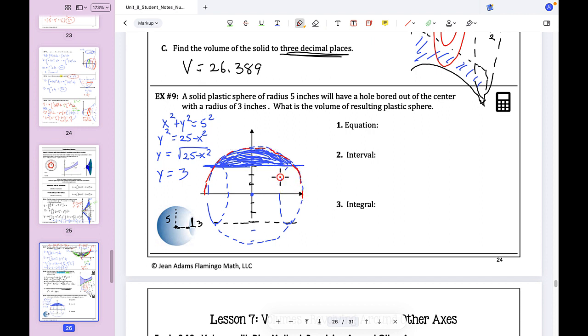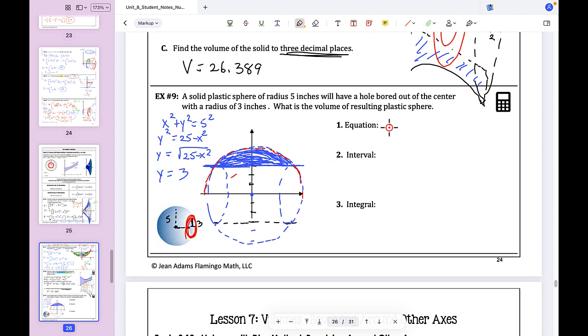But because I have this hole in the middle with a radius of 3, I'm not taking all of this. This is all bored out space, so I'm only looking at this bound region right here.